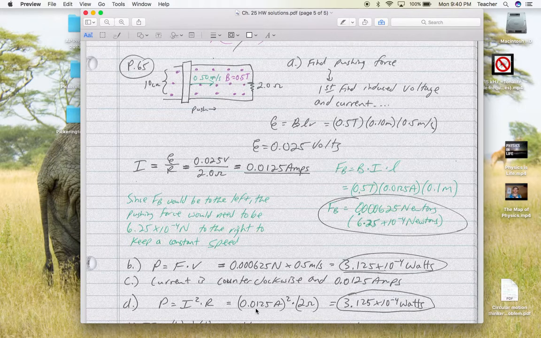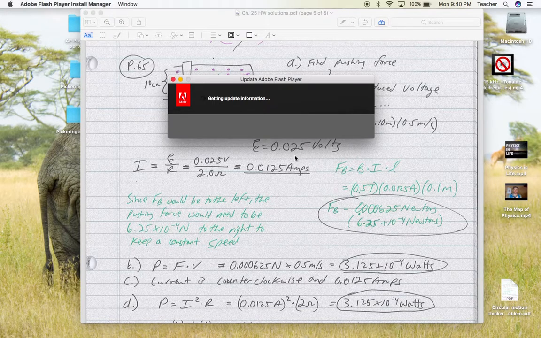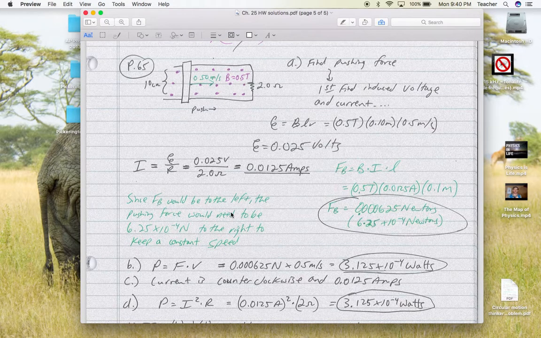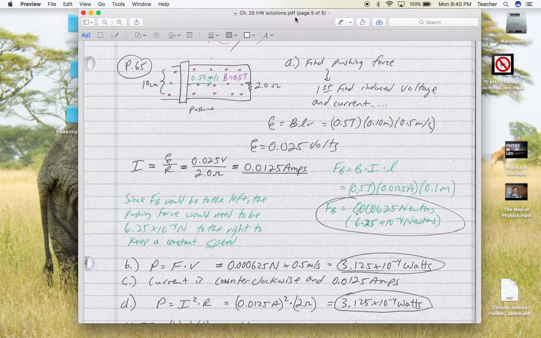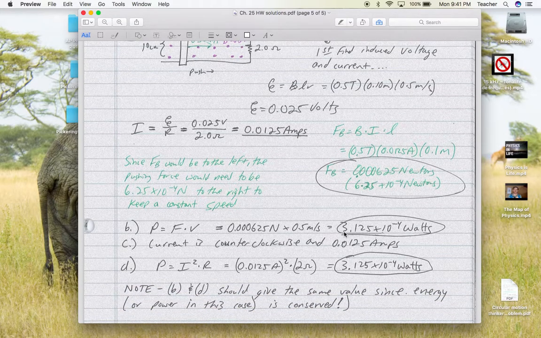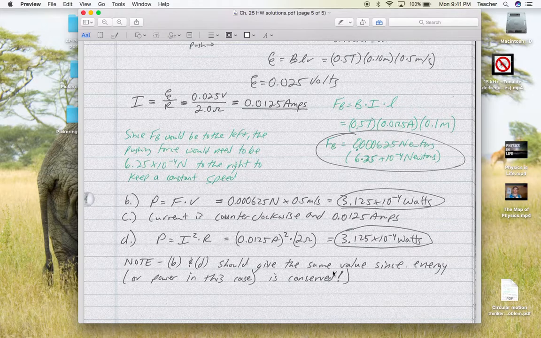So 0.0125 squared times 2, or it would be 0.0125 times the voltage we found earlier. In this case, we get also 3.125 times 10 to the negative fourth watts.